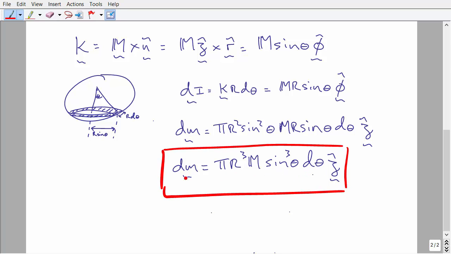Okay, so there then is our contribution dm to the total dipole moment of the sphere. I've just noticed that I left a d theta out up here. I should put that in.